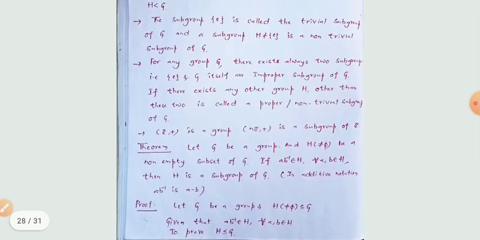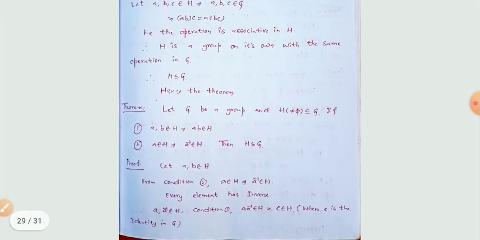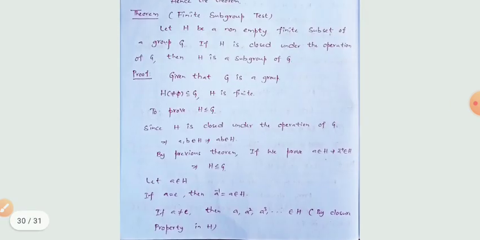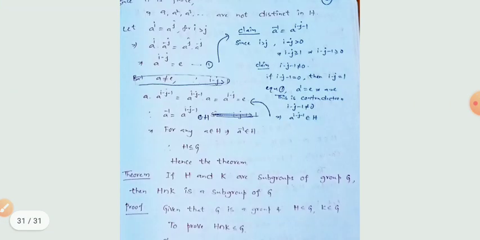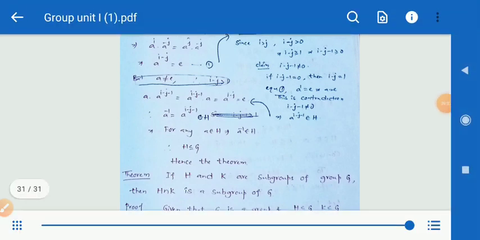Let G be a group and H any non-empty subset of G. If a b inverse belongs to H, then H becomes a subgroup of G. Another theorem: let G be a group and H a non-empty subset of G. If a, b belong to H implies a b belongs to H, and a belongs to H implies a inverse belongs to H, then H is a subgroup of G. In the finite subgroup test, let H be a non-empty finite subset of group G. If H is closed under the operation of G, then H is a subgroup of G. And if H and K are two subgroups, then H intersection K is also a subgroup.